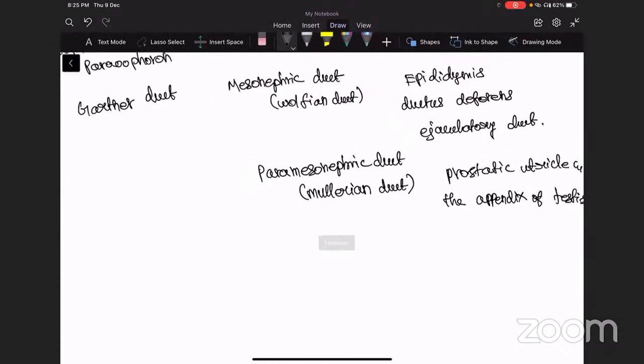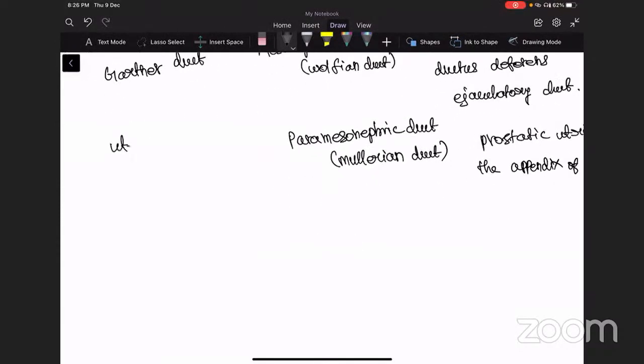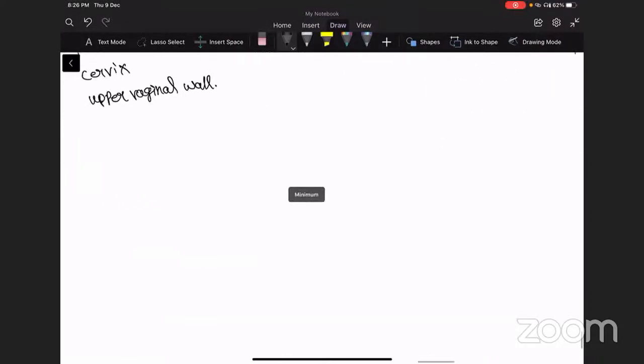And for females, it gives rise to uterus, fallopian tube, cervix, and the upper vaginal wall. Very important homologous structures.